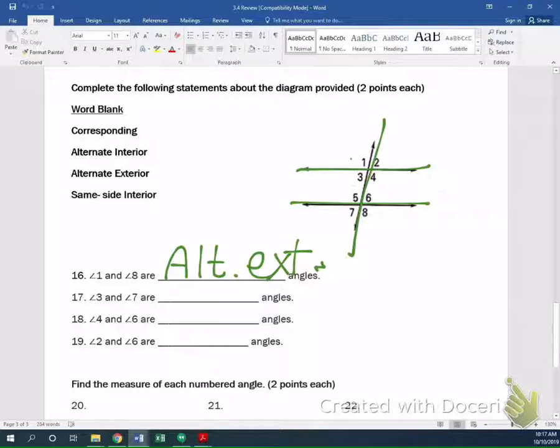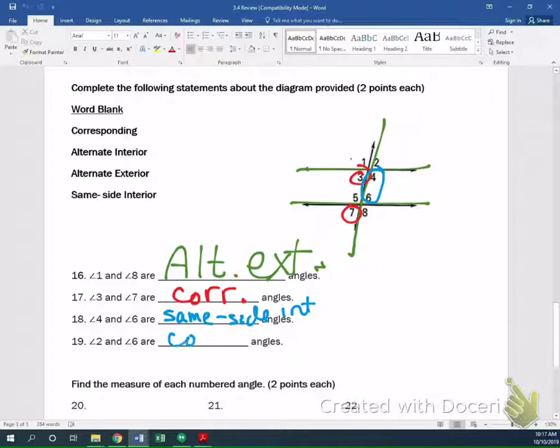All right, number 3 and number 7. Those are in the same position. So we call those corresponding. Number 4 and number 6. 4 and 6 are on the same side of the transversal inside the other two, so we call those same side interior. And number 2 and number 6, those are corresponding again.